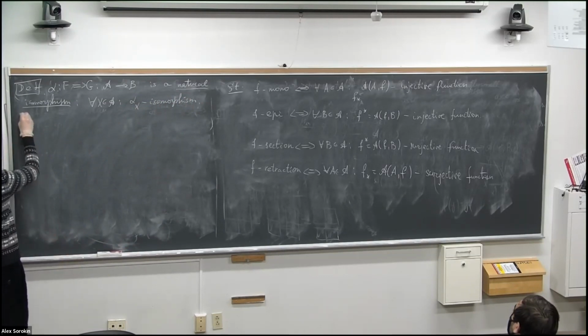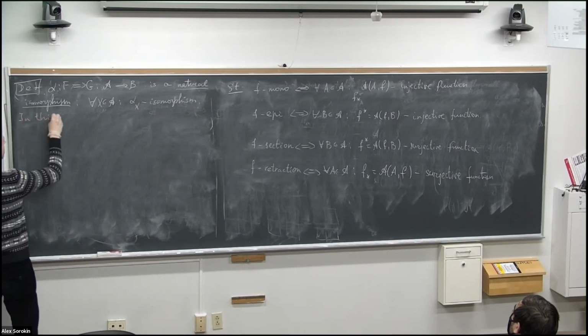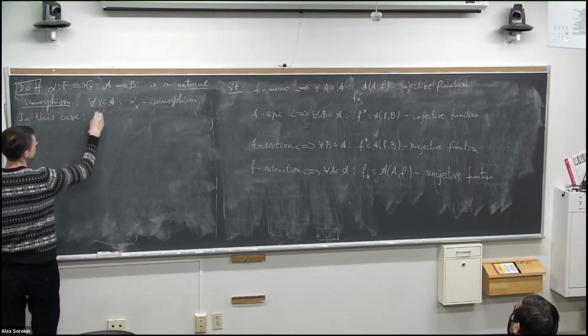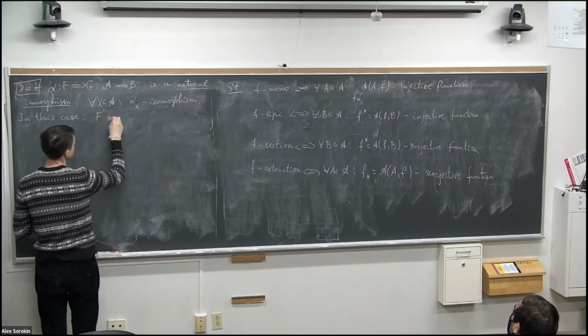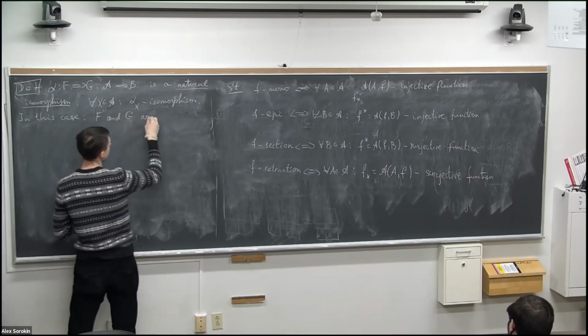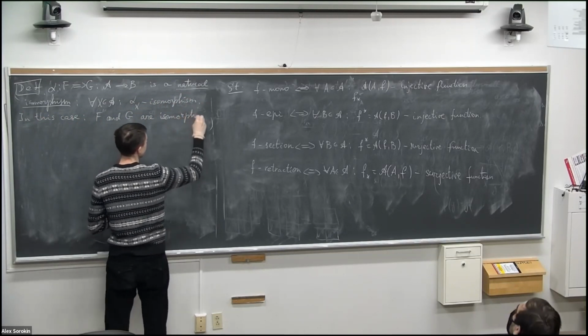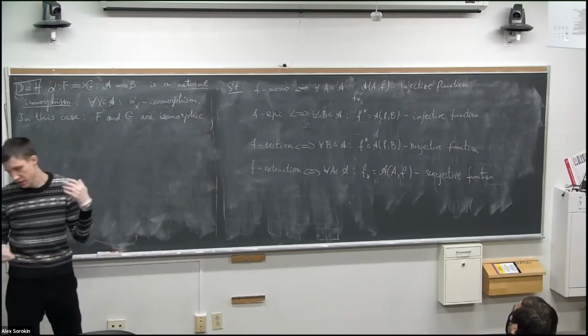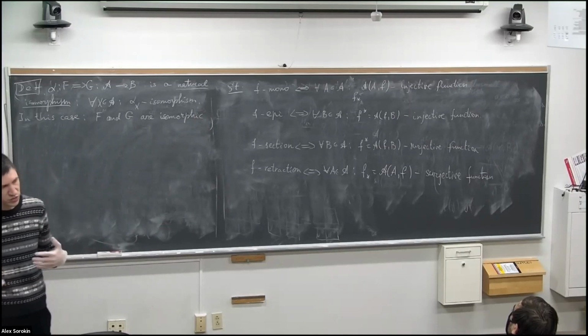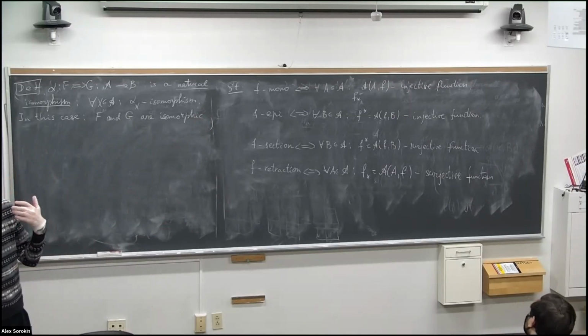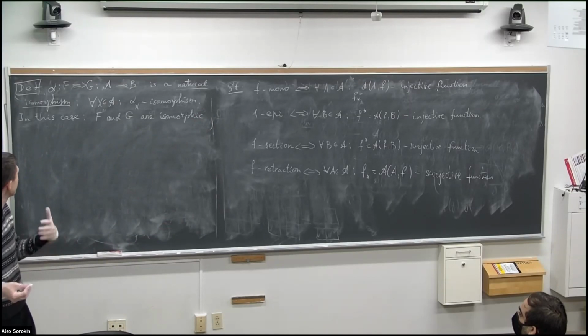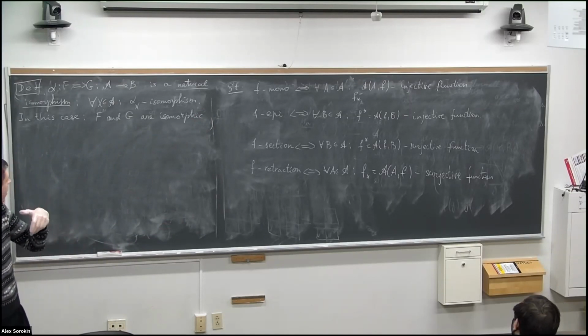In this case, F and G are isomorphic. So isomorphic functors are functors between which you can find a natural isomorphism, a natural transformation whose components are isomorphisms.